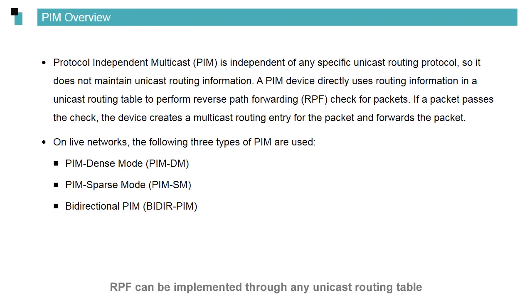RPF can be implemented through any unicast routing table, such as an OSPF or RIP routing table. This is why PIM is called a protocol-independent multicast protocol. There are three common types of PIM: PIM-DM, PIM-SM, and bidirectional PIM. In this course, we'll focus on PIM-DM and PIM-SM.